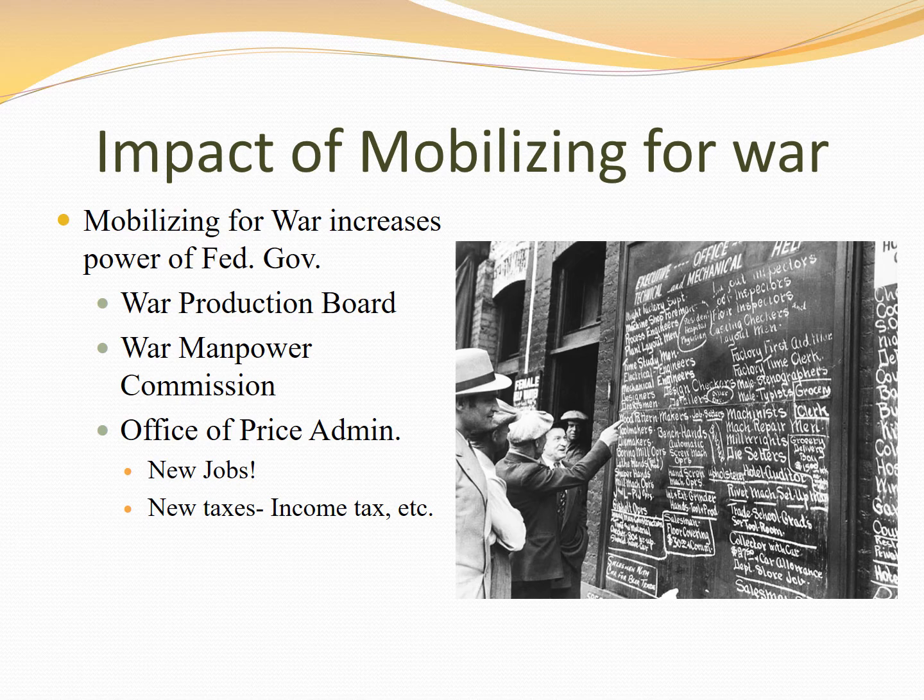Within the United States, the war transformed the role of the federal government once again. Roosevelt established several new wartime agencies, such as the War Production Board, the War Manpower Commission, and the Office of Price Administration.